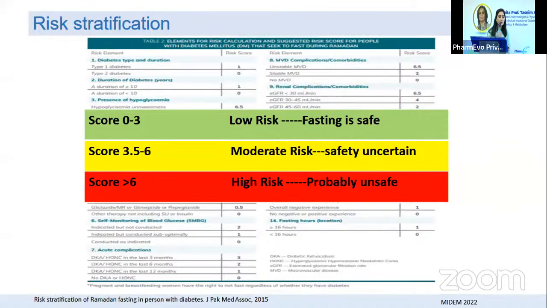If the score is 3.5 to 6, that comes in the moderate risk, and you have to address accordingly. Safety and certainty should be explained to the patient. If the score is more than 6, that is high risk, probably unsafe. This scoring system has already evolved over a period of time. Previously, there was a 4-tier scoring. Now it has been modified to a 3-tier traffic light system according to the risk score.